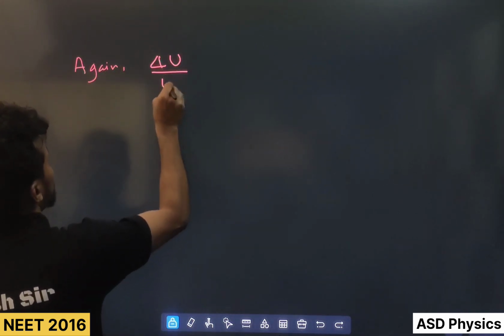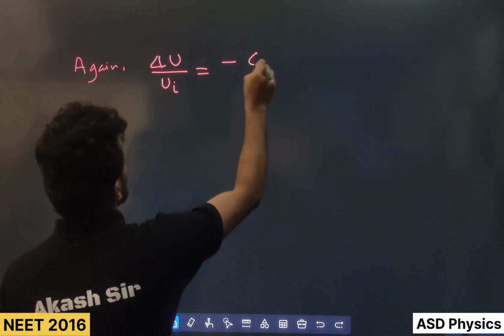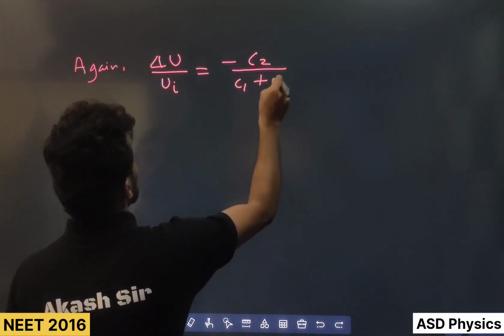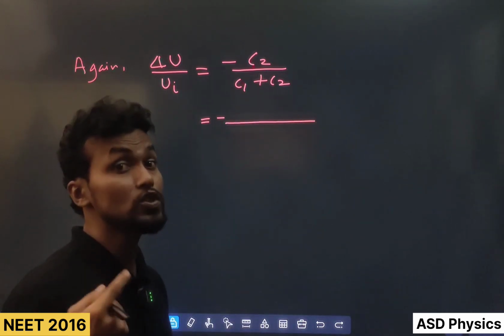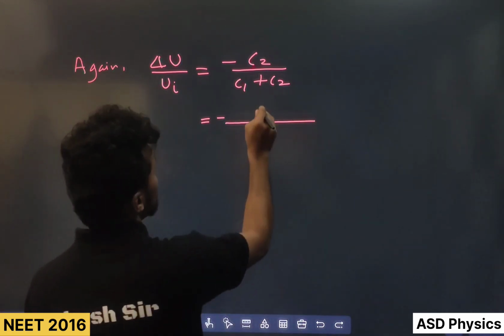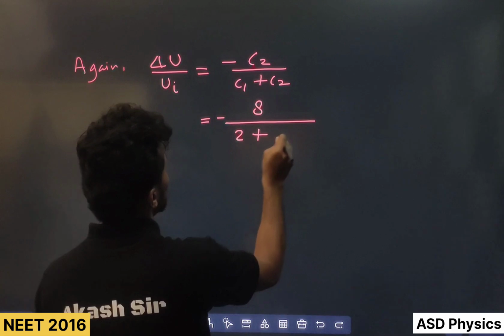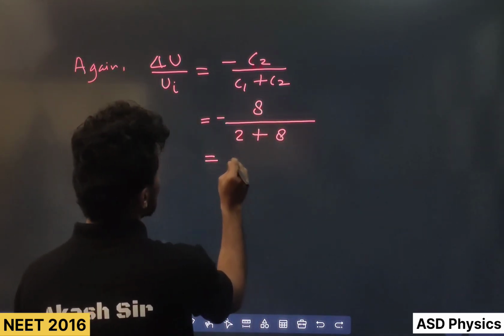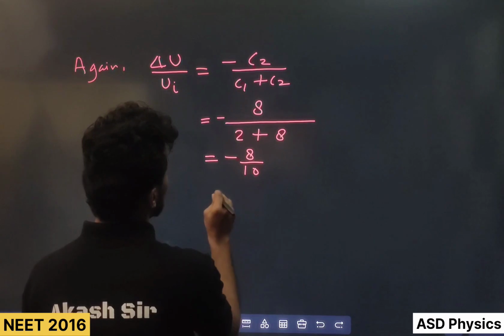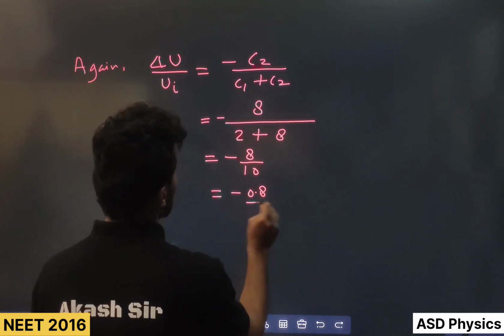Delta U by Ui is minus C2 by C1 plus C2. C1 is 2, C2 is 8, so this is 8 by 2 plus 8. Microfarad will cancel out. That means it comes minus 8 by 10, or minus 0.8.